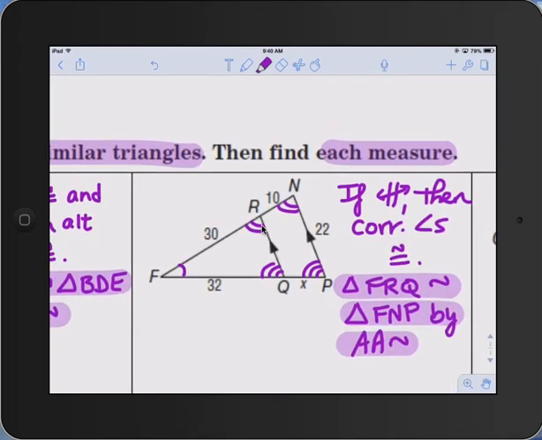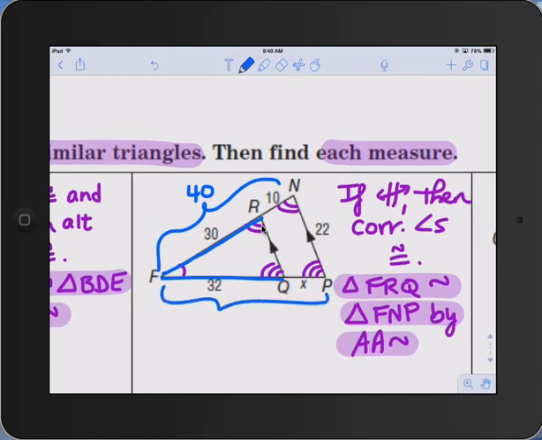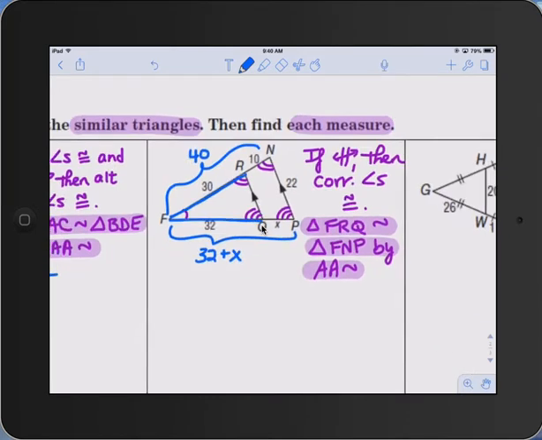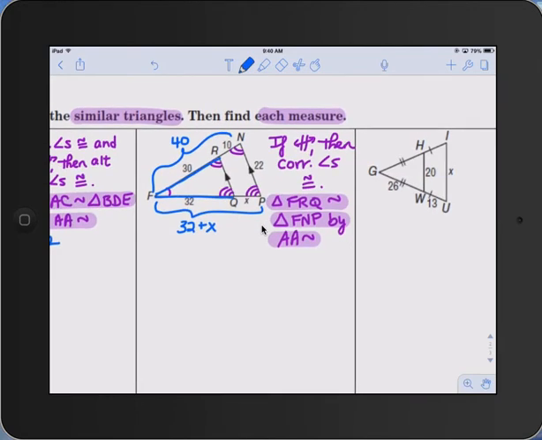Now notice on this one we have 30 on the small triangle matching with 40 on the large triangle, and 32 on the small triangle matching with 32 plus x on the big triangle. So those corresponding sides: small triangle to big triangle is equal to small triangle to big triangle's corresponding sides.